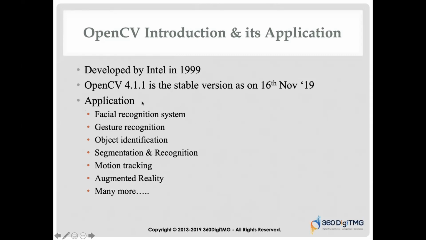A few of the applications include facial recognition systems, identifying humans, identifying who that person is. Those kinds of business problems can be solved using OpenCV. Gesture recognition: is a person dancing? Is a person walking?